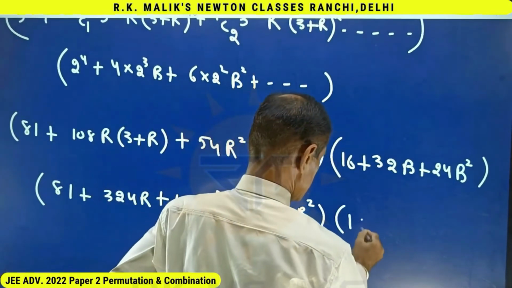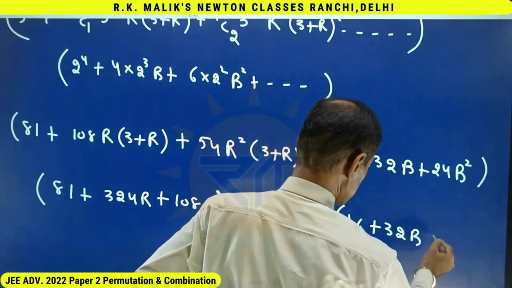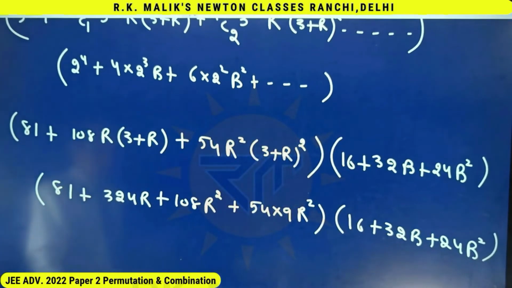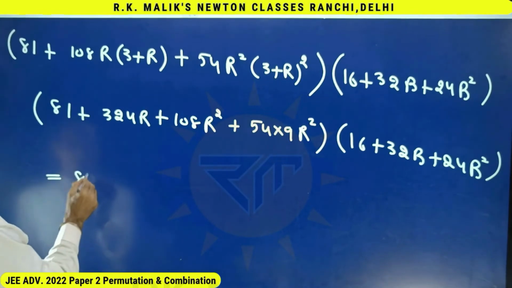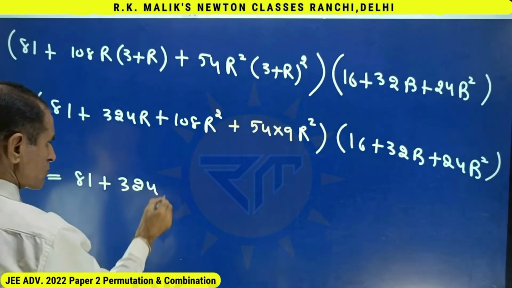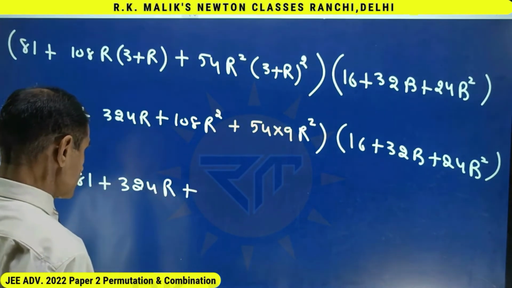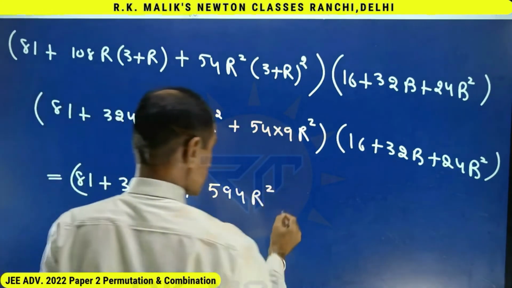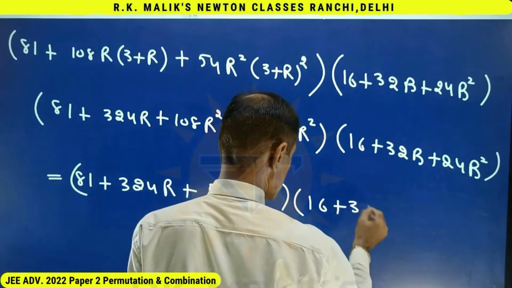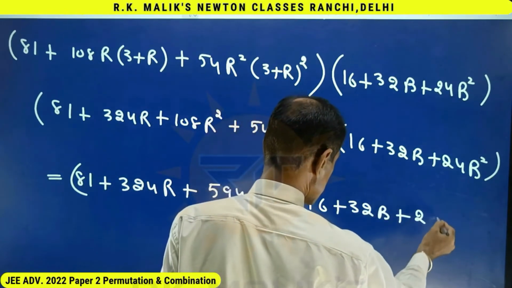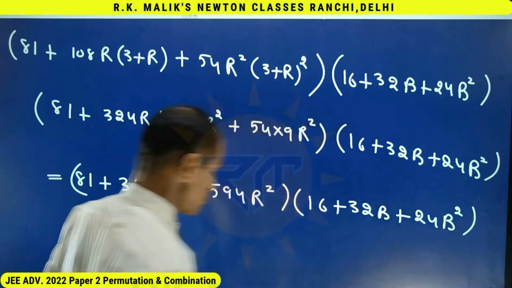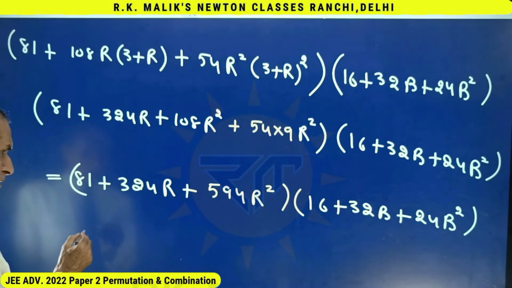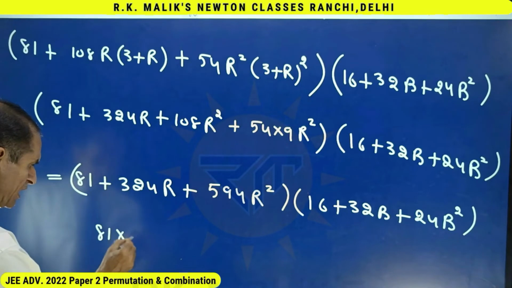And here 16 plus 32b plus 24 b square. That is equal to 81 plus 594 r square, and 16 plus 32b plus 24 b square, and therefore the coefficient of b square will be 81 into 24.